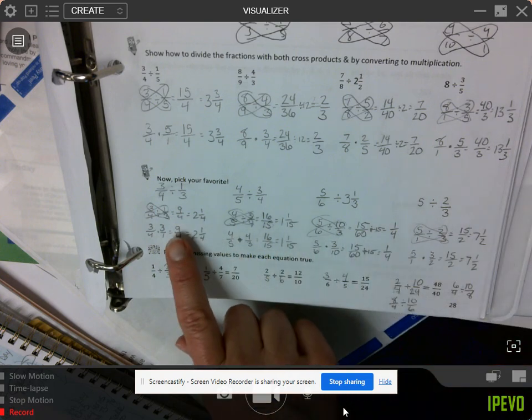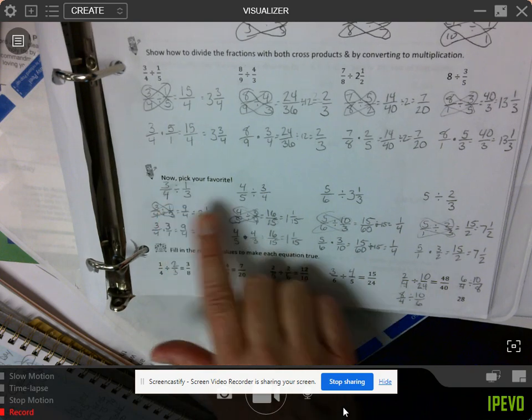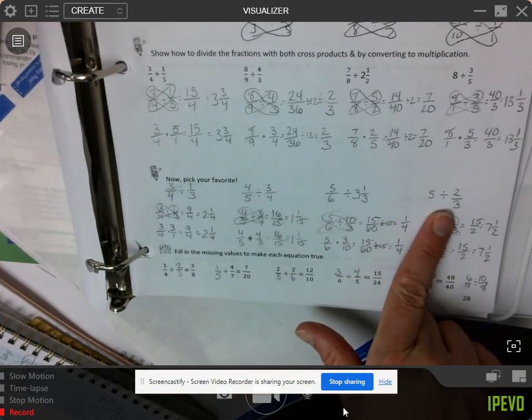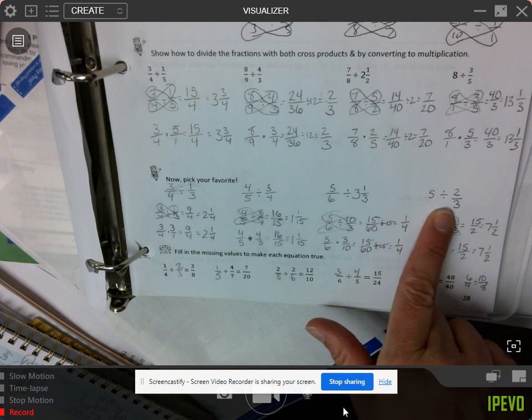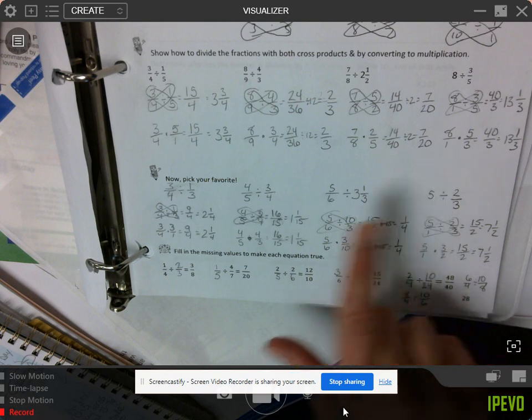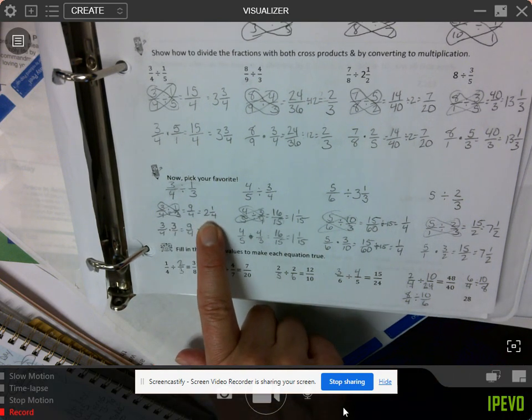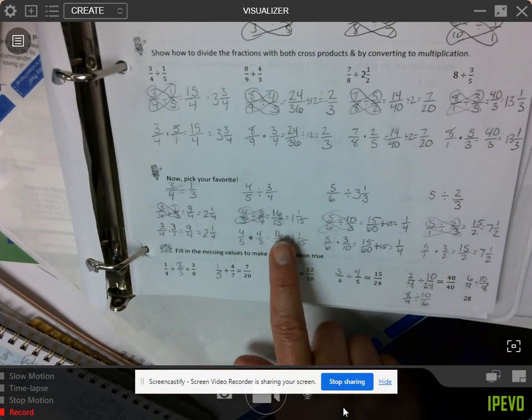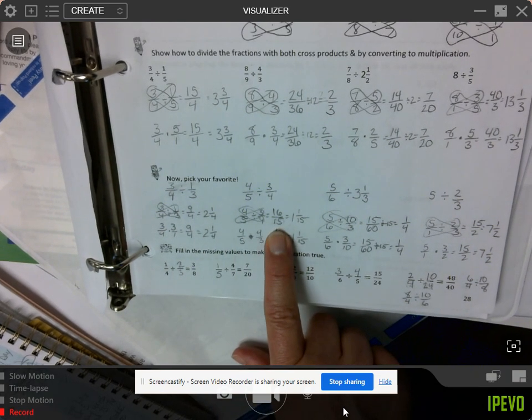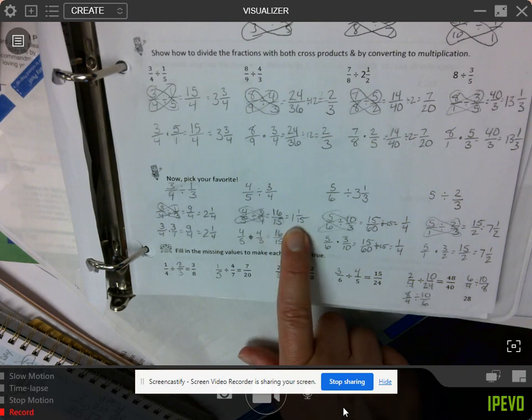All right. Now I gave us the problems that we needed to do. Because remember, it was blank, and he said pick your favorite, but he didn't give us problems. So I put problems on the board. The first one is 9/4 or 2 1/4. The next one is 16/15 or 1 1/15.